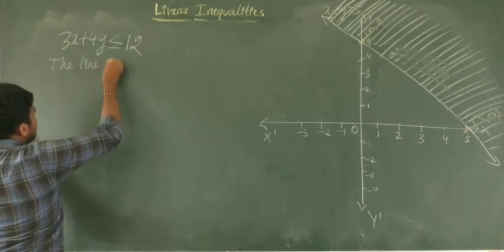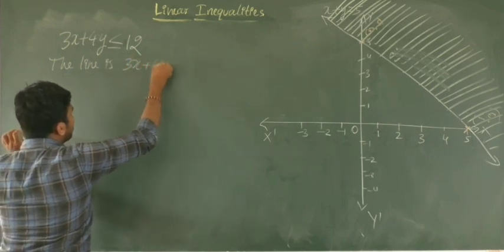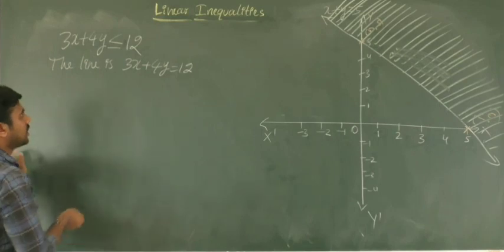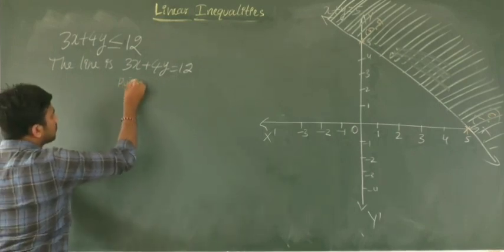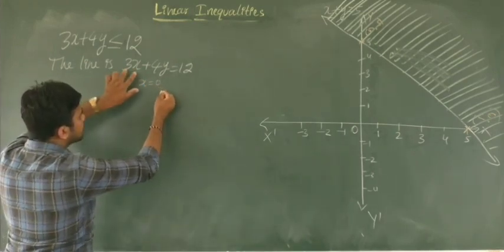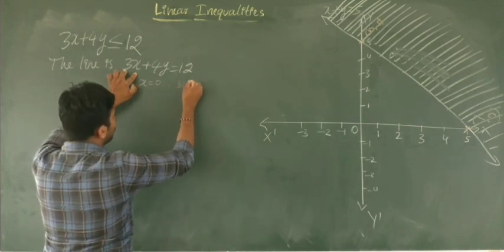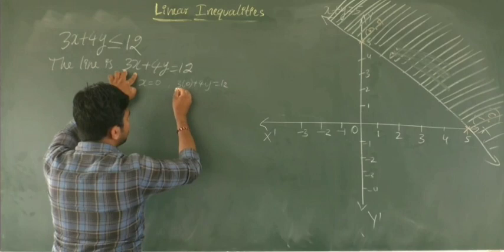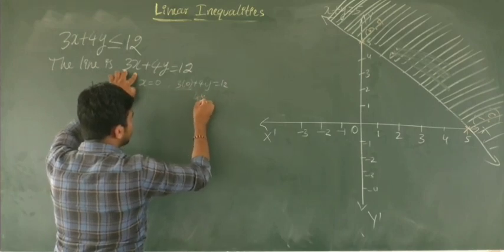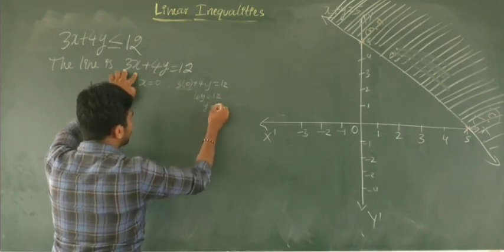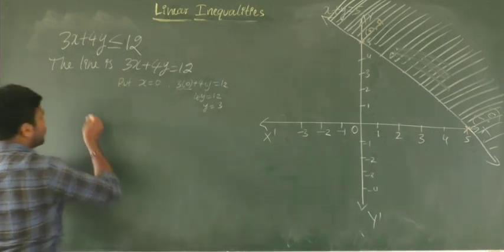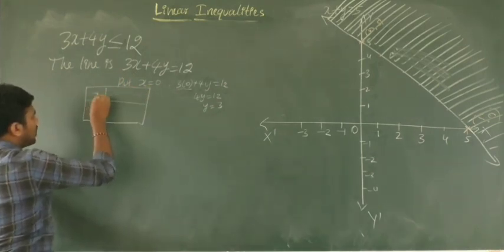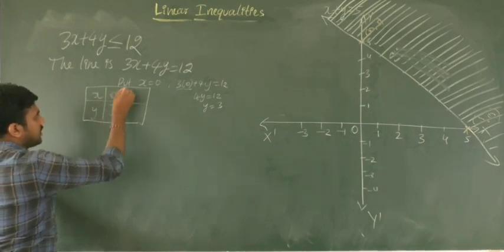The line is 3x plus 4y is equal to 12. Now put x is equal to 0 to get the y value. 3 into 0 plus 4y is equal to 12, this term is 0, so 4y is equal to 12, or y is equal to 12 by 4, that is nothing but 3. So if x is equal to 0, we get y is equal to 3.